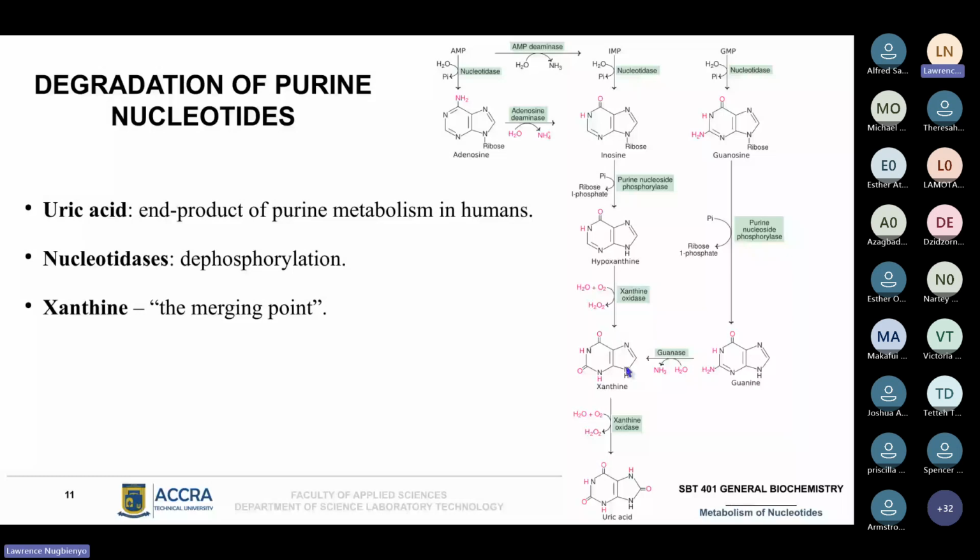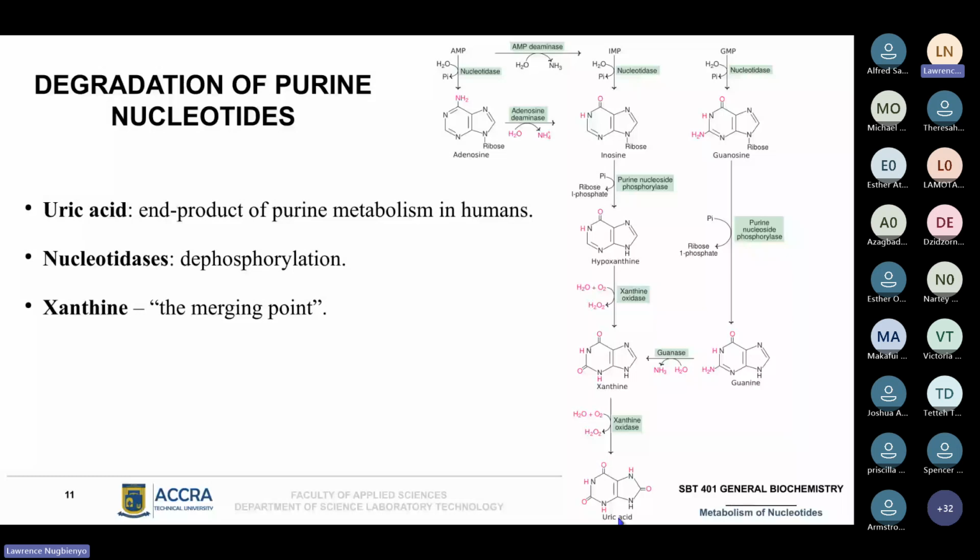And then from xanthine, you have an oxidation reaction under xanthine oxidase, and the final product is uric acid. So you keep that in mind. In humans, uric acid is the final product of the degradation of purines.